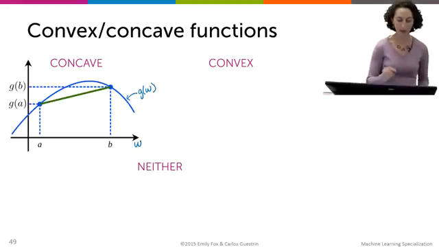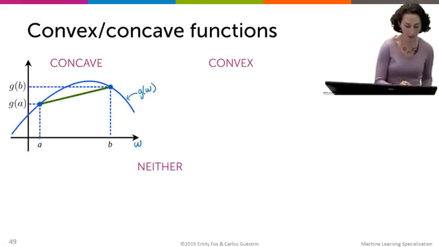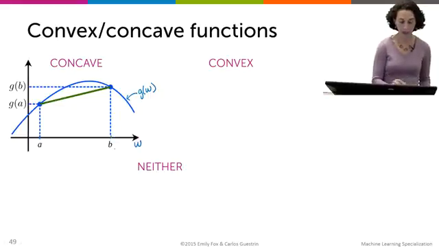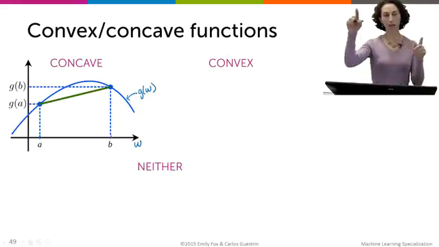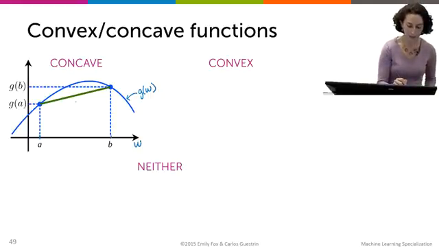Okay, so the way we can think about defining what a concave function is, we can look at any two values of w, let's call them a and b, and look at the value of the function at a and b, so g of a and g of b, and let's draw a line between g of a and g of b. So that's this green line here.